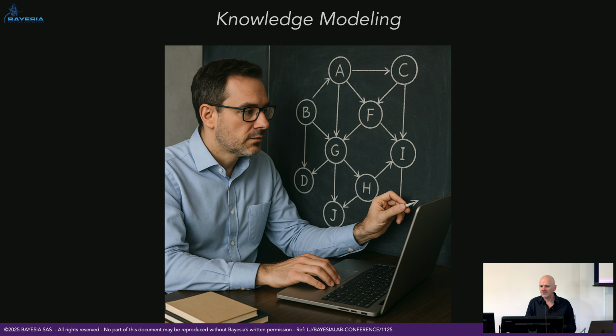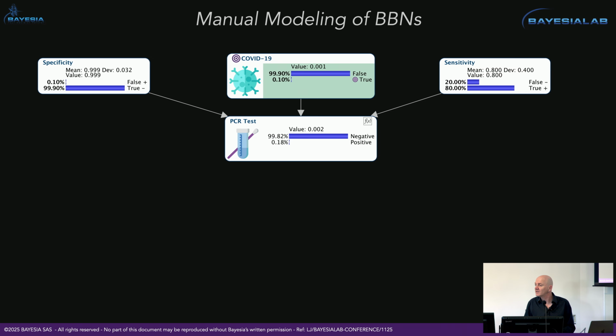So let's take the first example. When you are alone and you create your network, this is what we call knowledge modeling. This is what Pearl did in the 80s. You had to be a specialist of your domain and also a specialist of Bayesian networks to create your graph, right? So this is an example here.